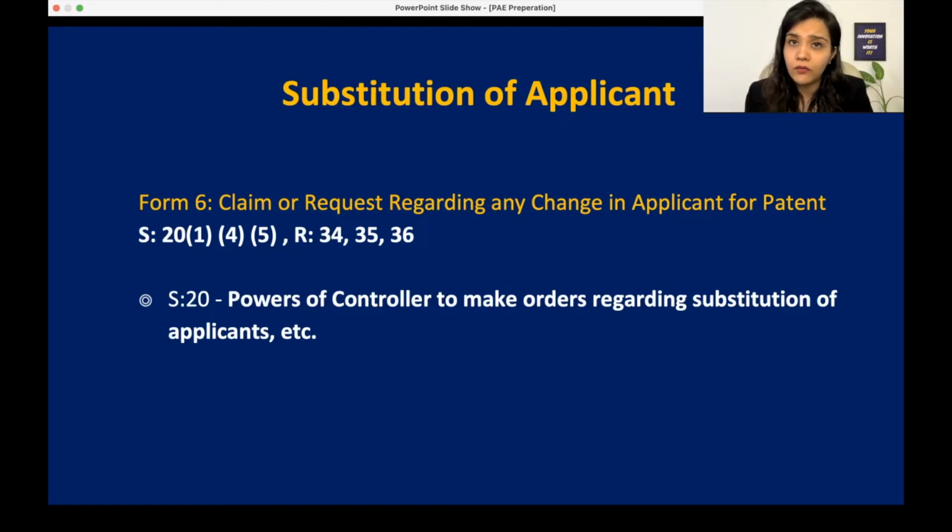And if there is a dispute also, for example, X and Y are fighting among themselves over who is the applicant, or X has applied for a patent and Y wants to name himself also as an applicant, then also the controller has the right to make orders regarding who is the owner of the patent application. Such orders can be made under section 20 and we have to submit Form 6.